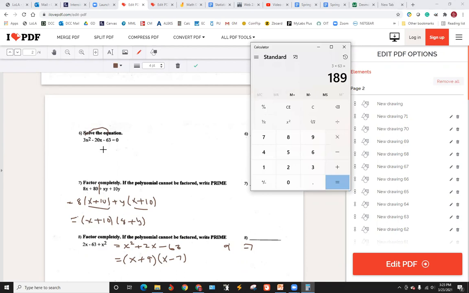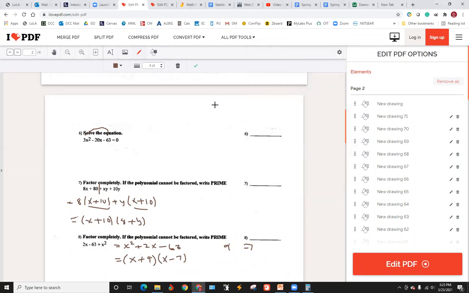So 189, and the signs are going to be different. So these numbers have to have a difference of 189. I'm sorry, of 20, difference of 20. So let's look at 189 and see what we got.